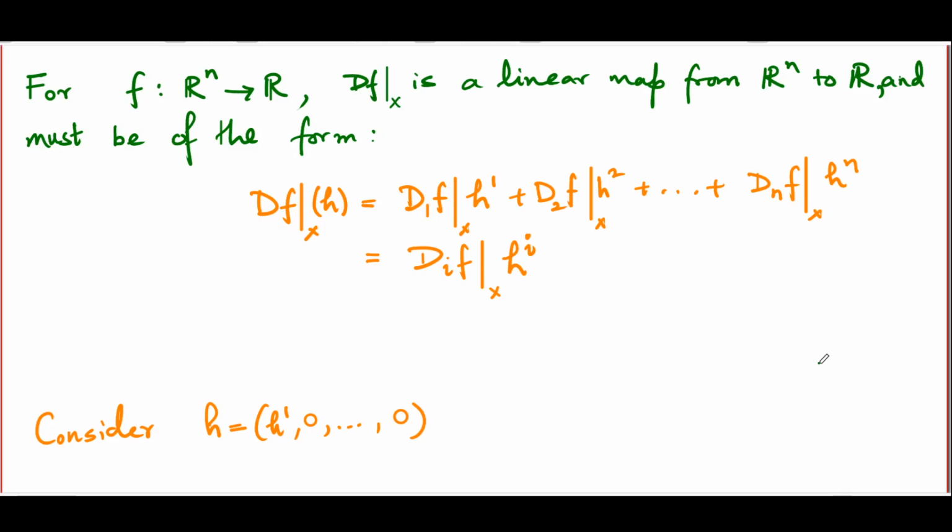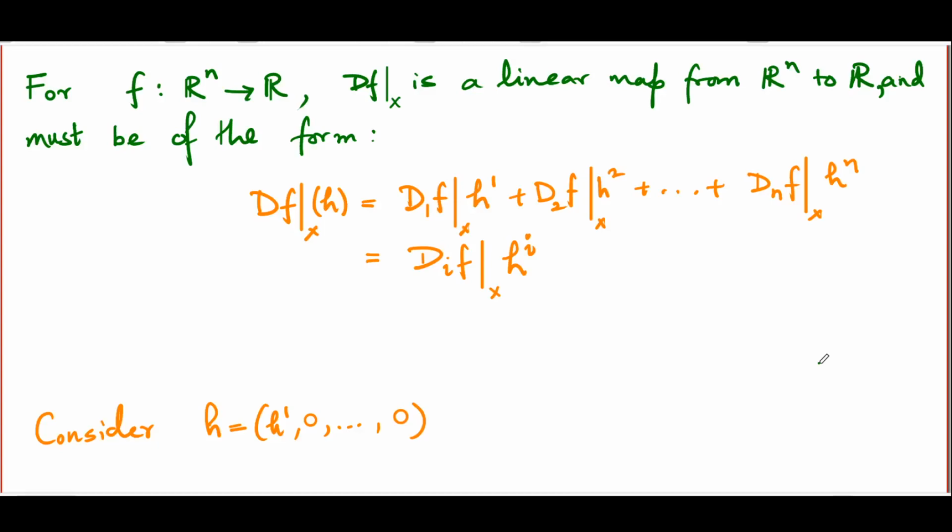The only point is, if h is a large vector, then the approximation that f of x plus h is given by f of x plus d of f at x acting on h is not really going to be a very good approximation. That approximation is going to be better and better usually if h is a vector of a small length. But other than that, there is no reason to demand that the length of h in general and h1 in this particular case is small.